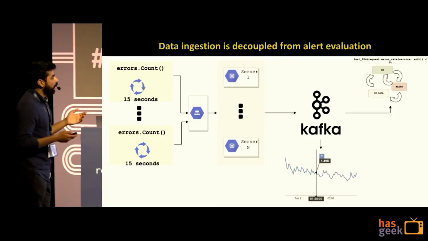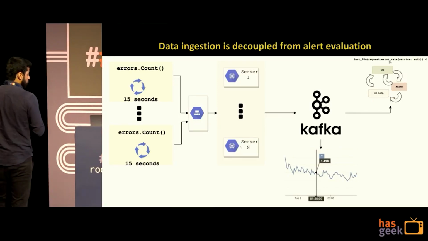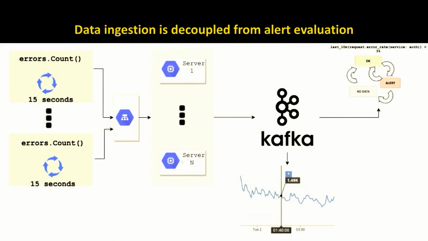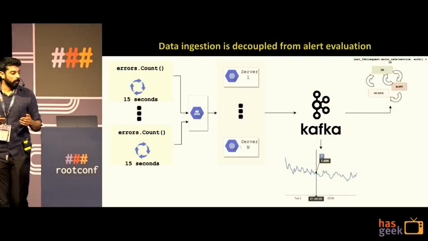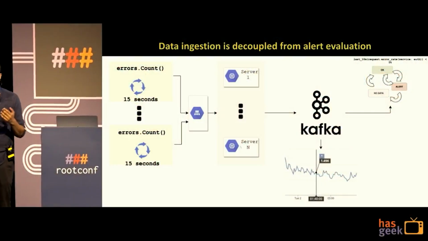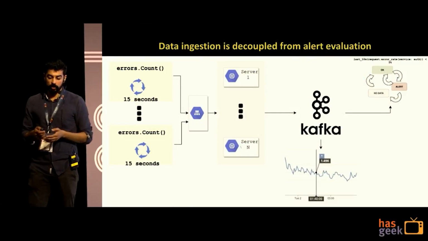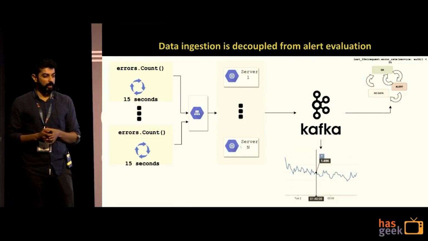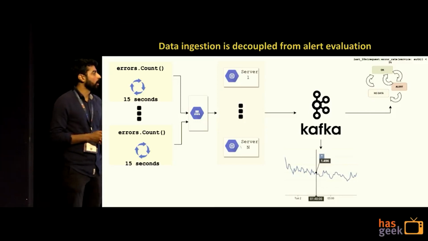So now that we had this decoupled system, where data was being ingested and used for visualization as well as alerting, we were able to evaluate several thousand alerts in real time to make sure that we were telling our users when things were going wrong.